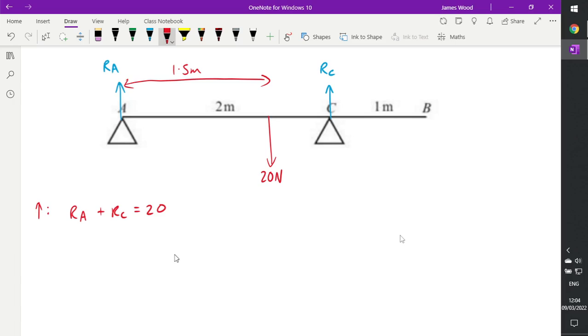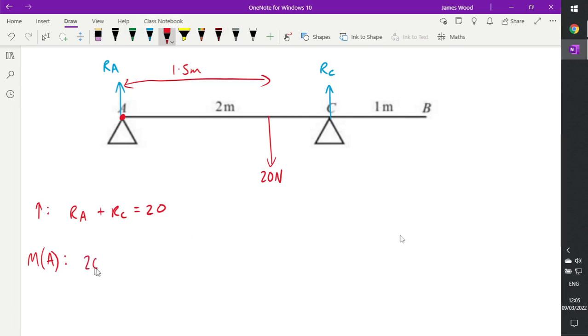Now we can actually take moments about any single point on here, and what I mean by take moments about is imagine that a point is the pivot. So we'll do moments about A first of all. If I put my pivot here and imagine that I was letting it pivot around that point, now the moments here, I've got 20 newtons here. This is going to make it go clockwise.